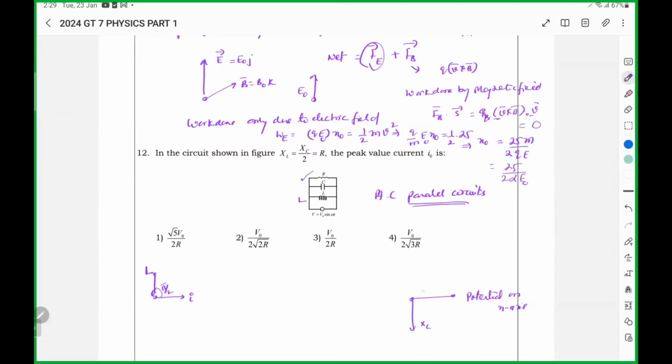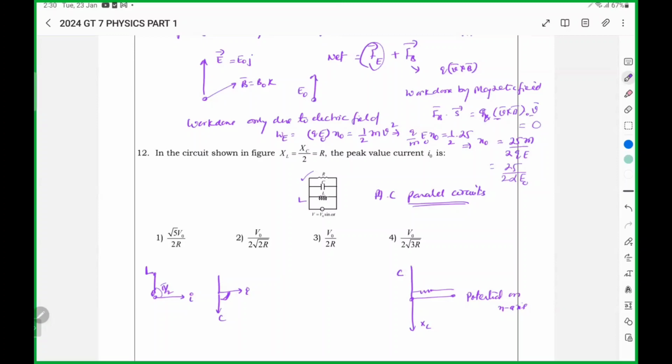In case of resistance, potential and current are in the same phase. In case of a capacitor, current leads potential by pi by 2. So here current leads means potential will be lagging. This is the capacitor.